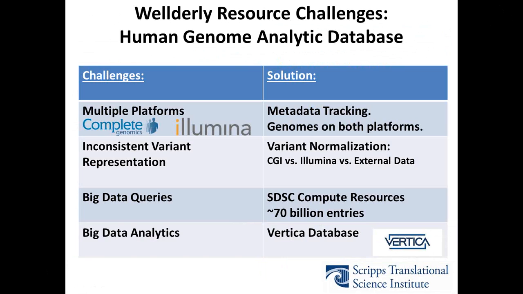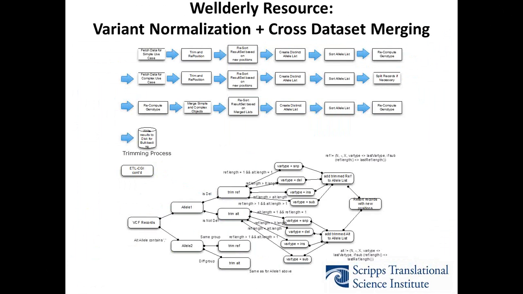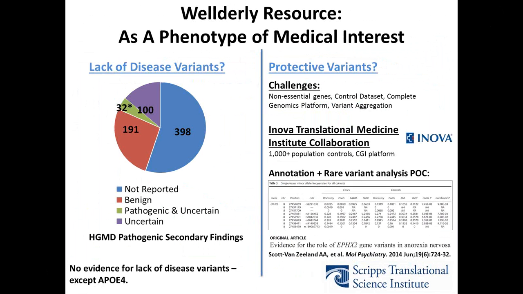And then the other challenge is making this large data set queryable externally as well as internally, so that we can do on-the-fly statistical analyses, and that's being done using this Vertica database resource. I'll skip over the details of this. I don't think it's all that interesting, really, on the computational side.